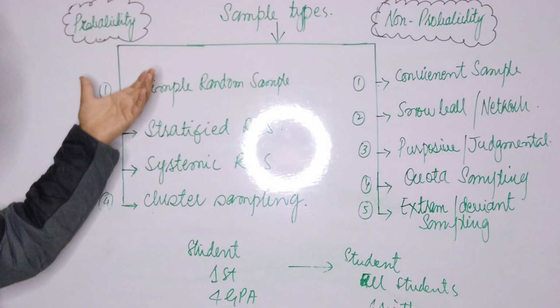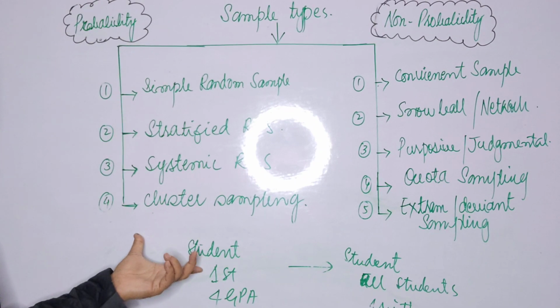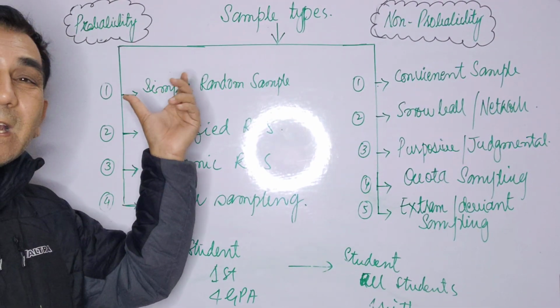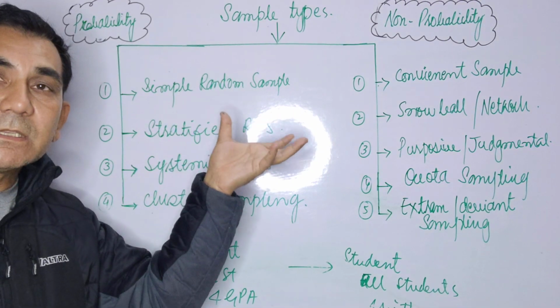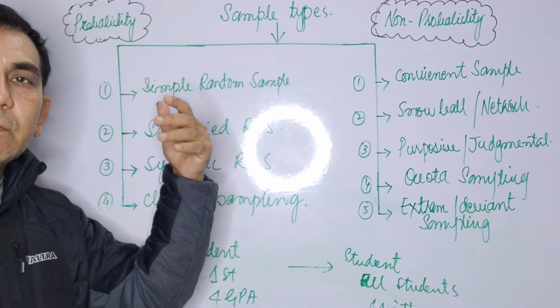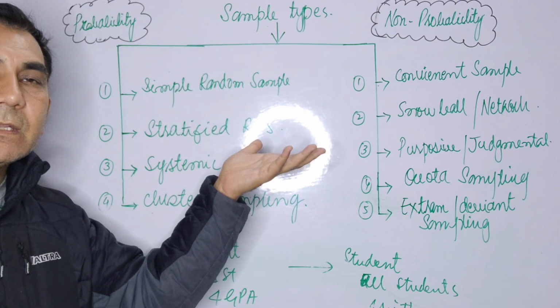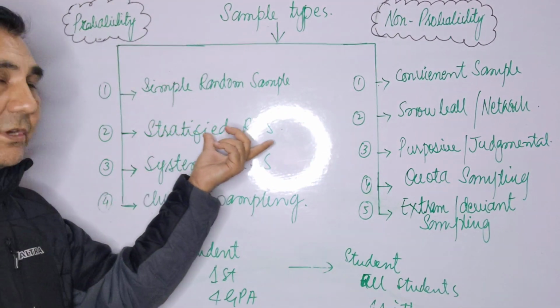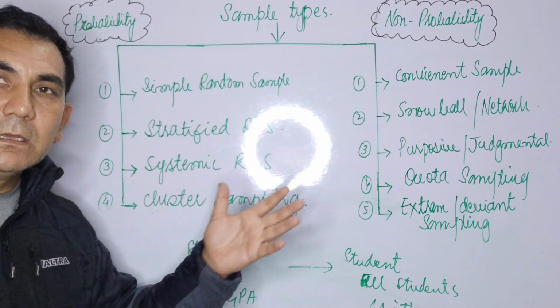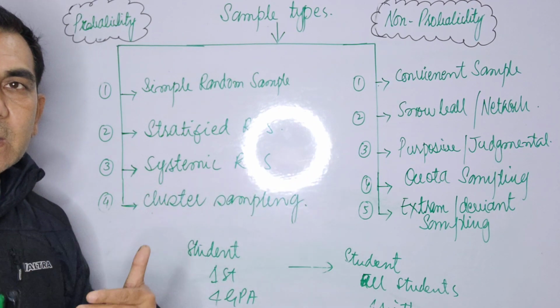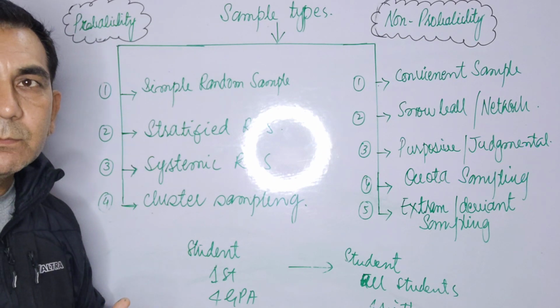And we learned that probability sampling has four types. The first is called simple random sampling, in which we select the sample randomly and give everyone a chance to be selected. The second is stratified sampling, in which we divide the population into strata, and then randomly select the sample from the groups.